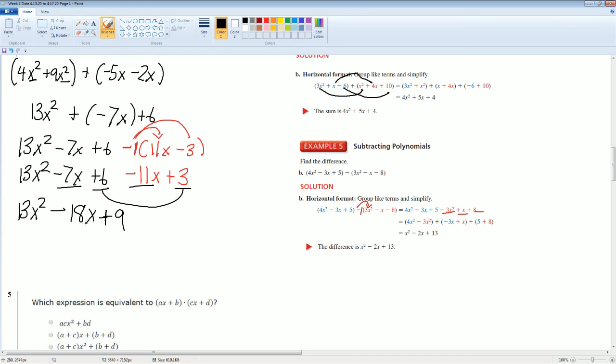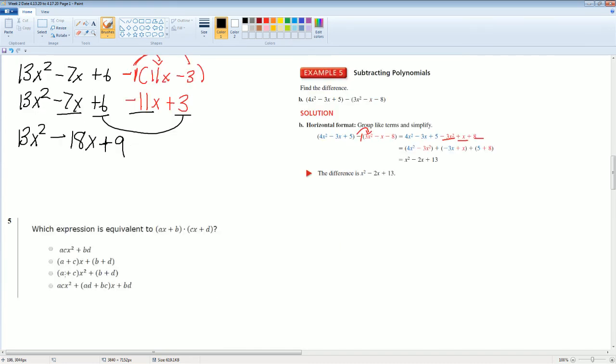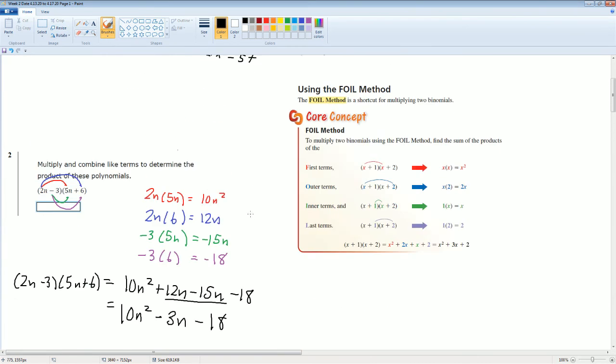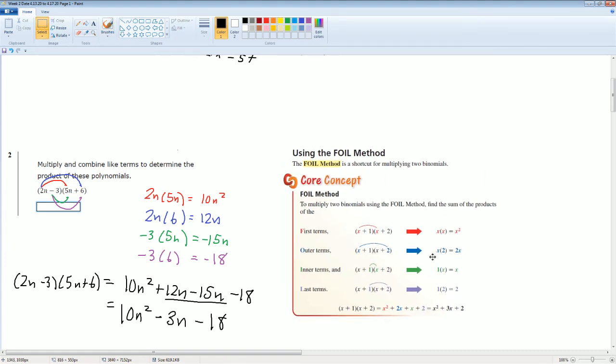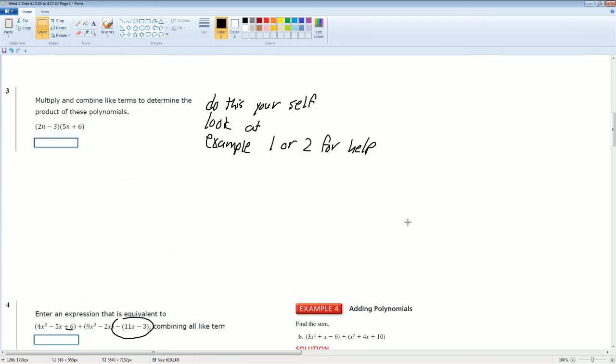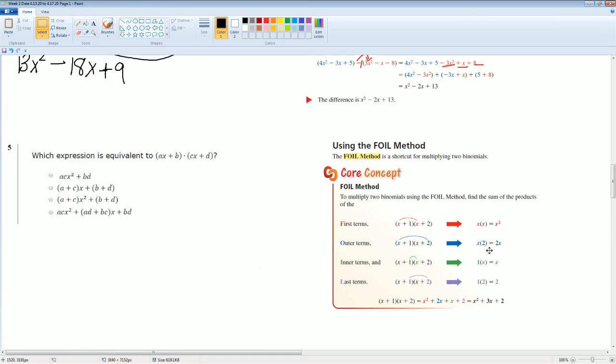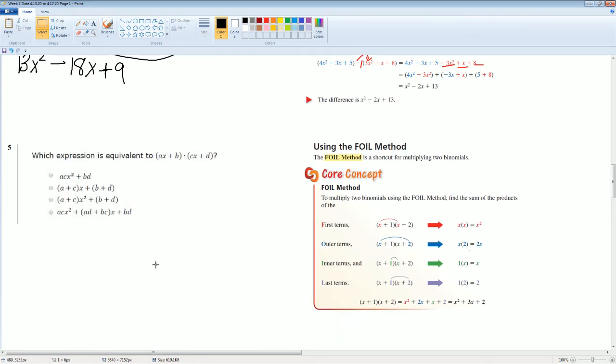Okay? Lastly, like before, I can even bring down the foiling notes here. All right. Because here we're multiplying. So let's multiply. The first one, ax times cx.